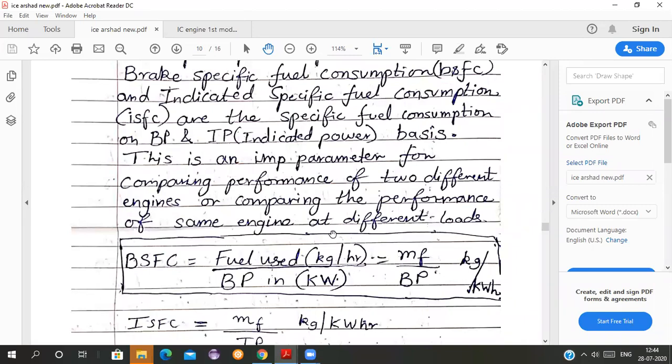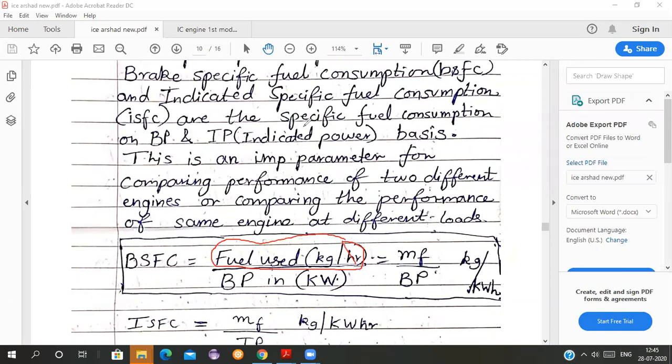So what is brake specific fuel consumption here? It is the fuel used in kg per hour, which means how much fuel is consumed by the engine in 1 hour. That is the numerator. Let us say it is consuming half a liter or 1 liter of fuel in 1 hour; that will come here.